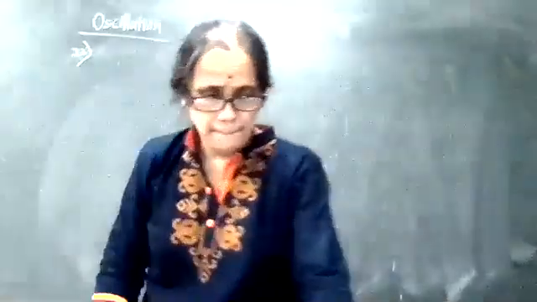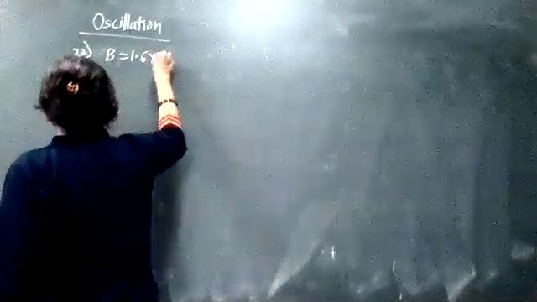A magnet is vibrating in a plane of uniform magnetic field. Uniform magnetic field B is given, which is equal to 1.6 into 10 raised to minus 5 Weber per meter squared.